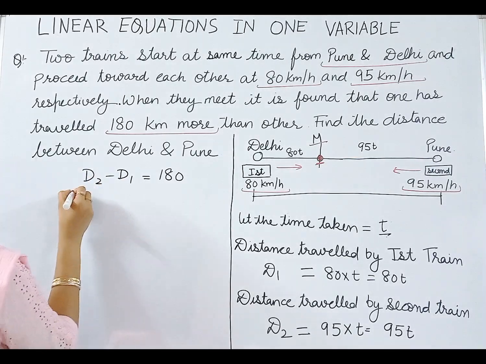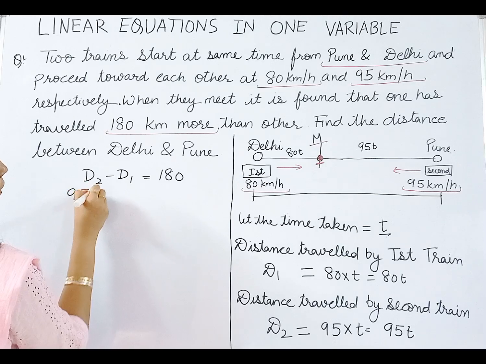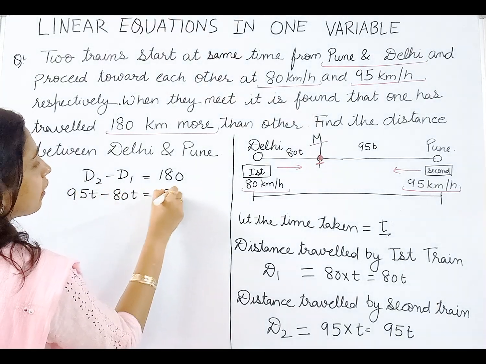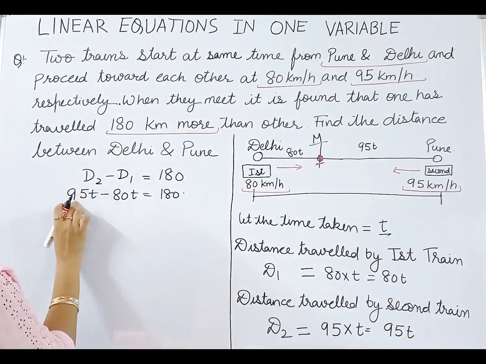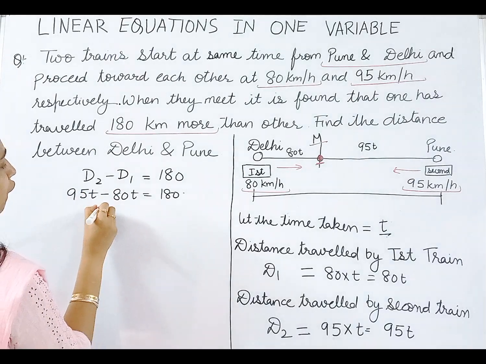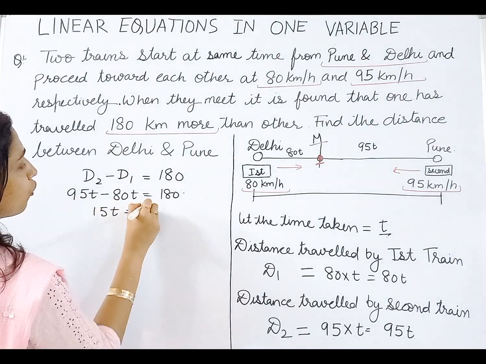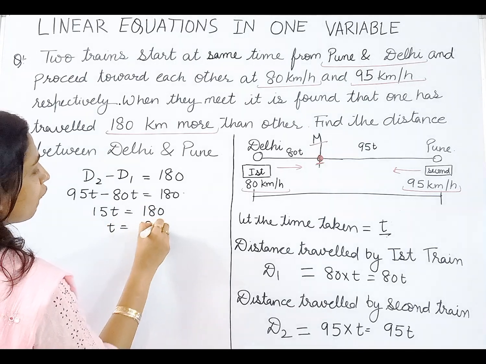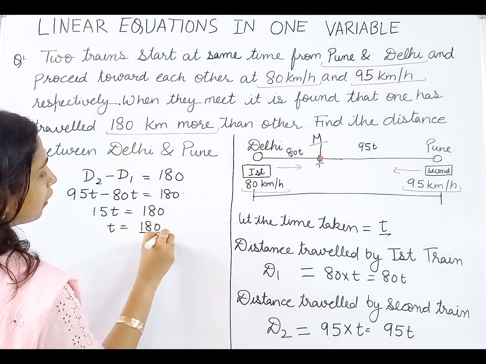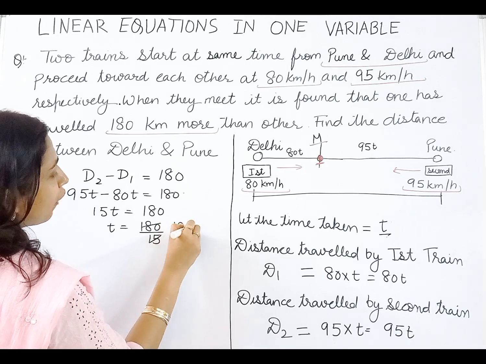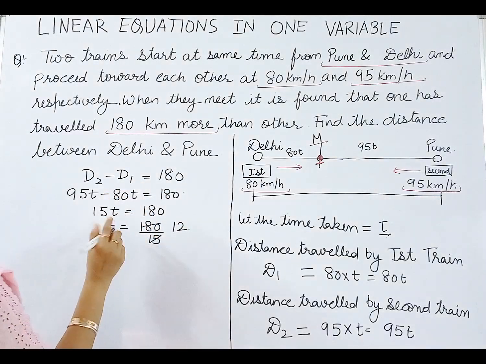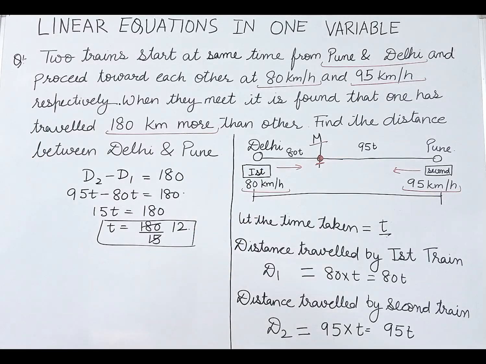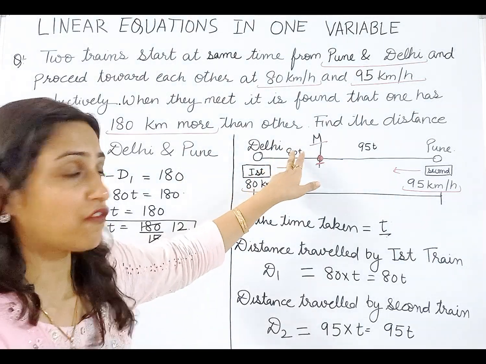What do we get? 95t minus 80t is equal to 180. And this comes out to be 15t is equal to 180. The value of t comes out to be 180 divided by 15, which is equal to 12. So the value of time is 12. Both trains have traveled for 12 hours.